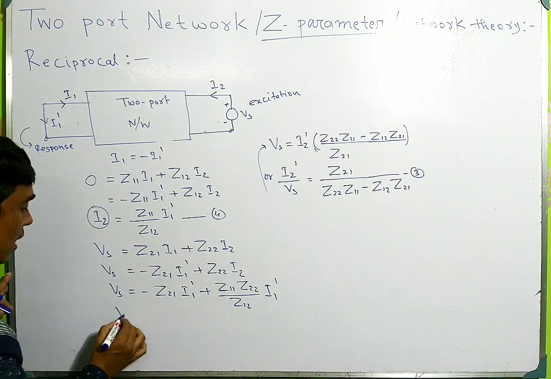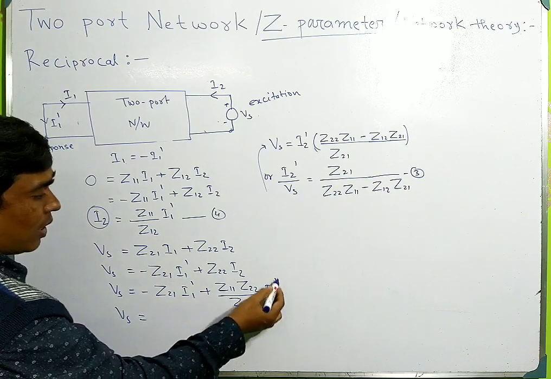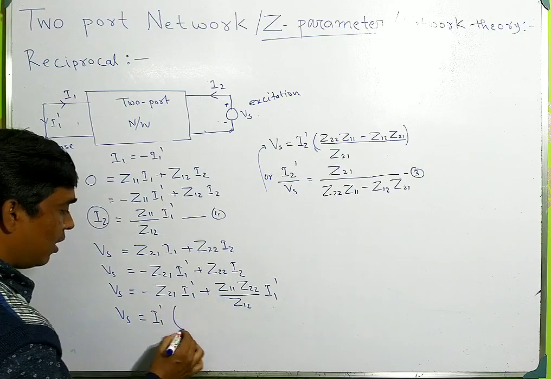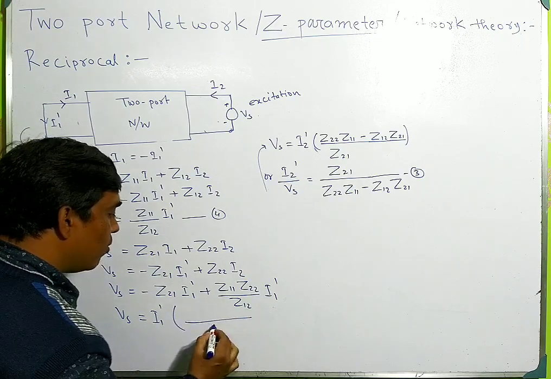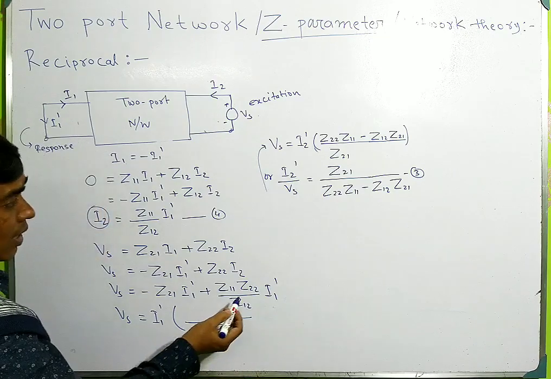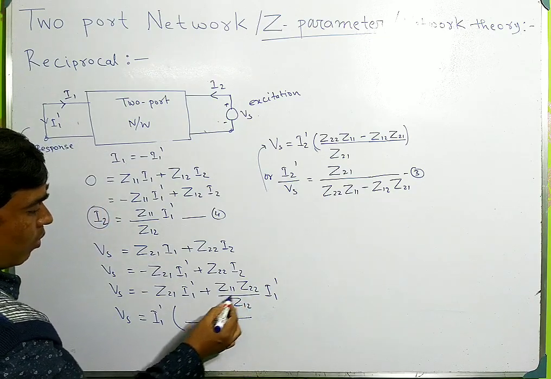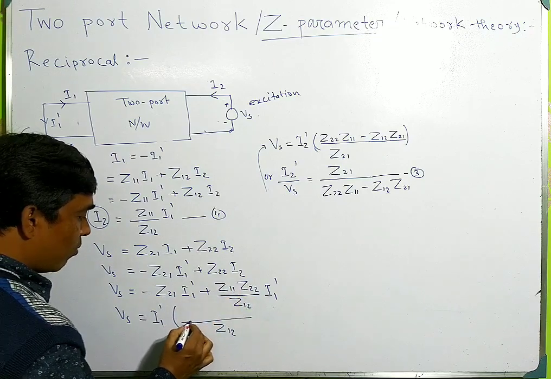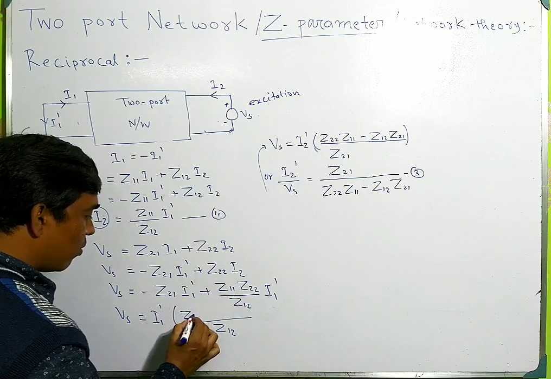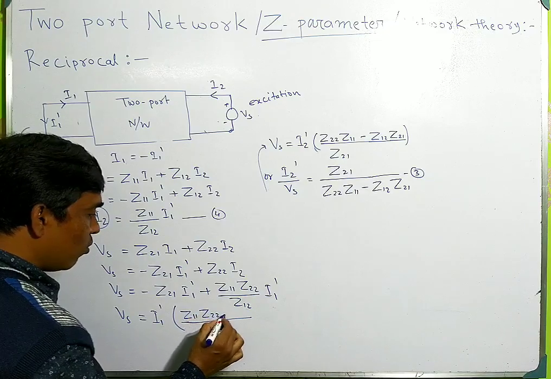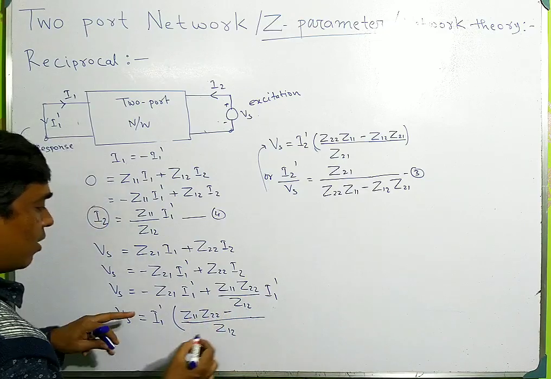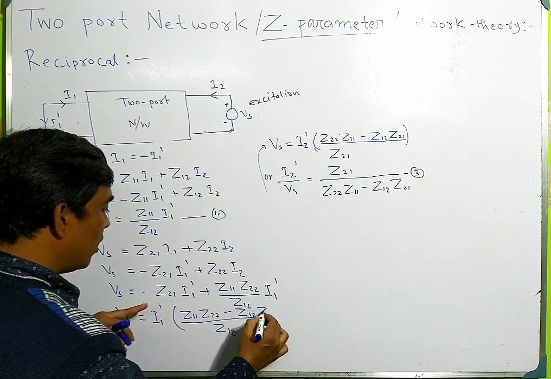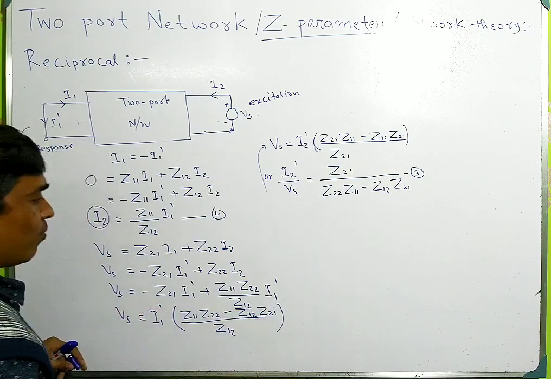So you can write that Vs equals I1 dash into the term (Z11 Z22 minus Z12 Z21) divided by Z12.